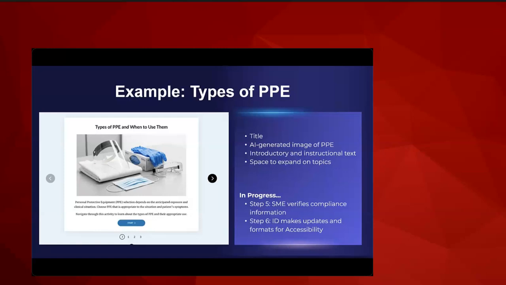At this time, my project and collaboration with UHS is still in progress and is currently in Step 5, where subject matter experts review and verify the information. Once this phase is complete, as the ID, I will discuss any questions and feedback with the SMEs. Then, I will make updates accordingly and format the training to meet accessibility regulations.